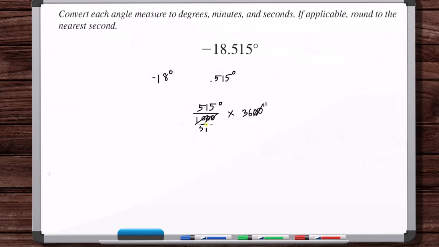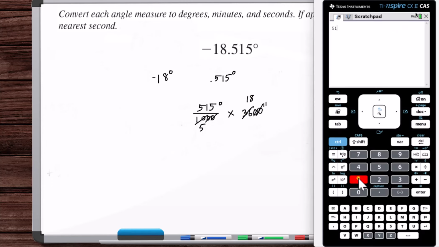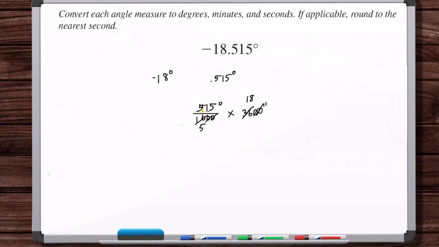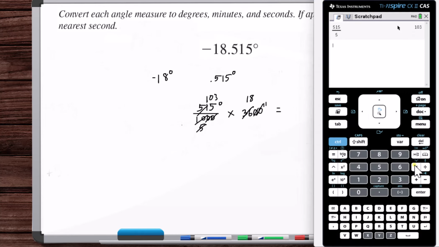10 divided by 2 is 5. 36 divided by 2 is 18. 515 divided by 5 is 103. And then 103 times 18, 1854.